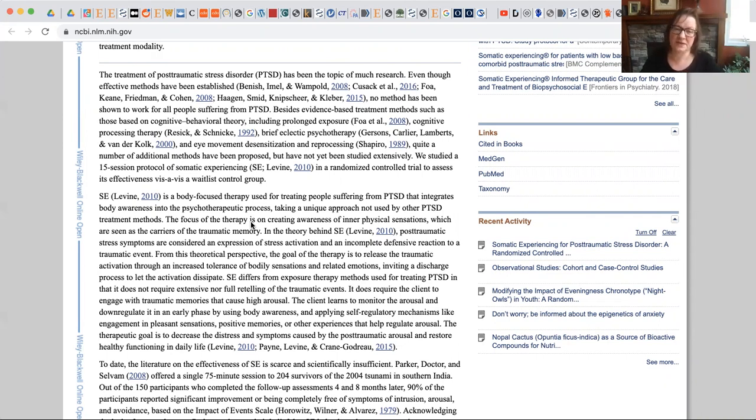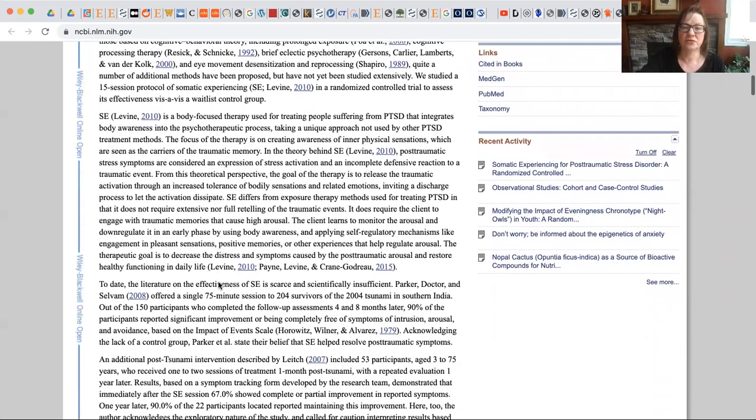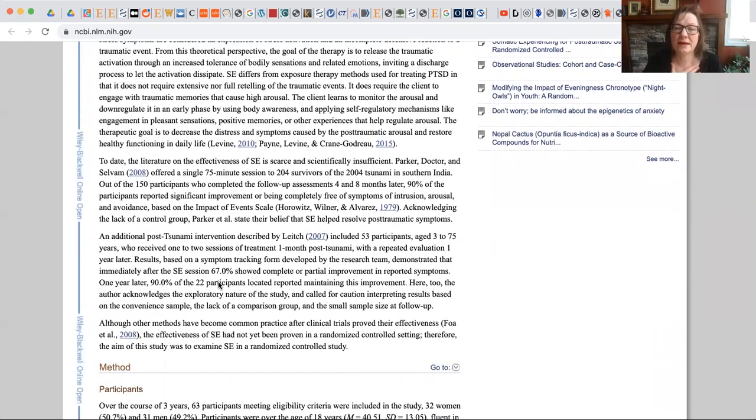And so here, the thing that's interesting is they're talking about memory, not just in the brain, but throughout the whole entire body. And so then they talk about what's the theory of somatic experiencing and what it's all about. And that's what this paragraph is. So your client learns how to monitor arousal in the body and then down-regulate it.